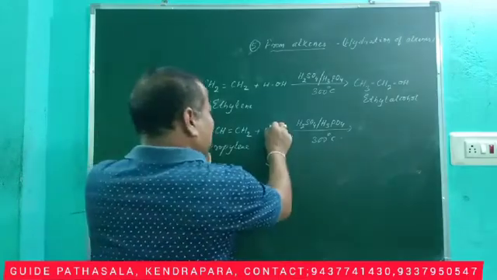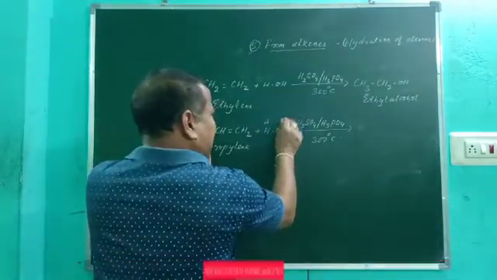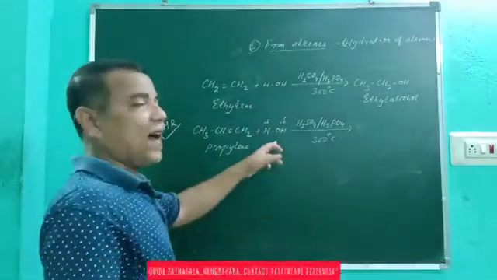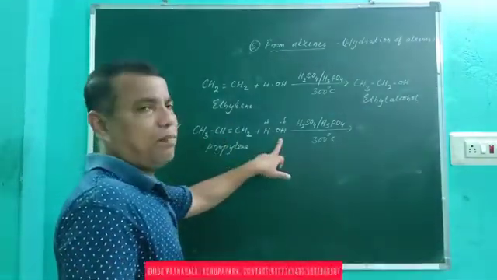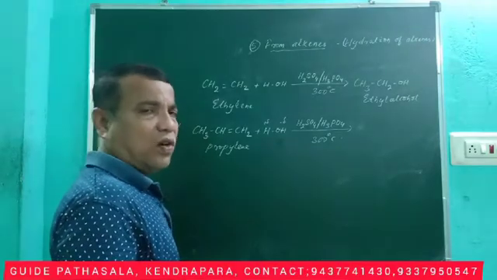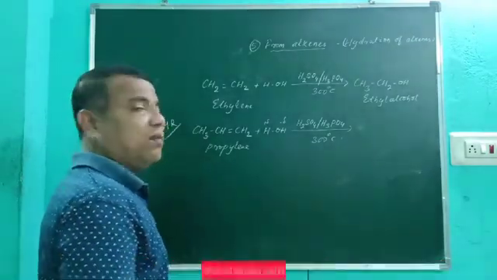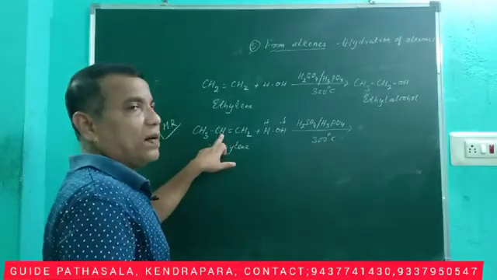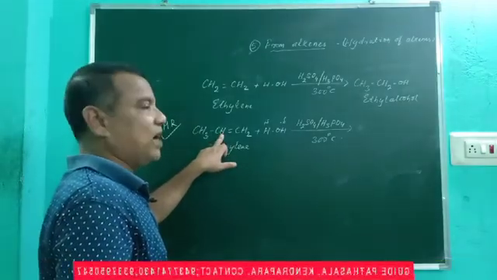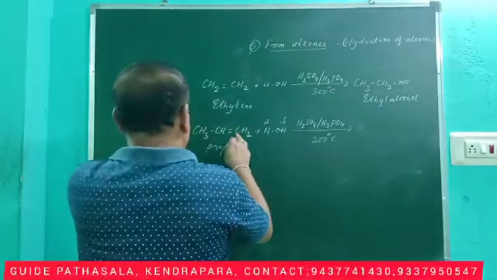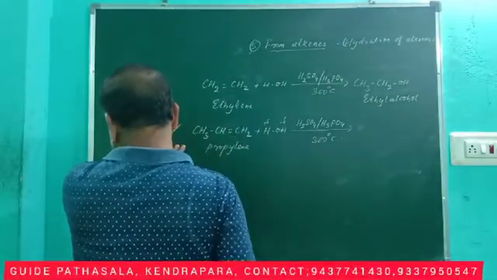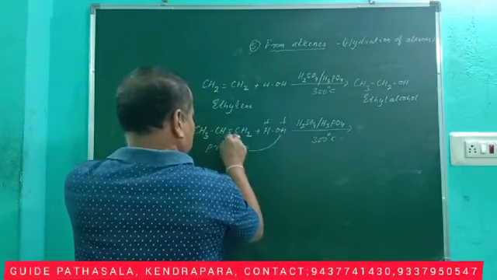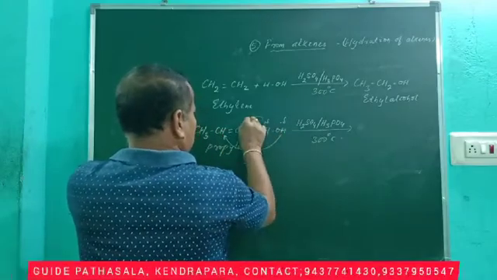Then the negative part of the addendum, delta positive, delta minus, will go to that carbon atom across the double bond which contains the least, that is, the minimum number of hydrogen atoms. The left-hand carbon atom contains a single hydrogen atom, and the right-hand carbon atom contains 2 hydrogen atoms. So the negative part OH minus will come to the carbon atom which contains the least number of hydrogen atoms, and the positive part comes to the other end.